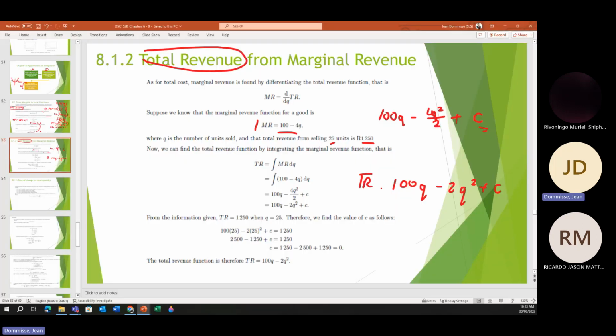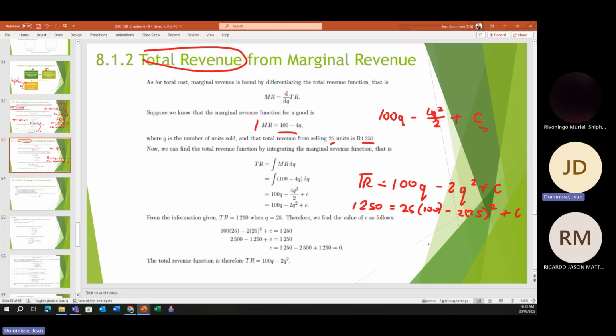So we could have just said, okay, but they tell us the total revenue is 1,250, and then we need to substitute the 25 into this formula to calculate what C is.